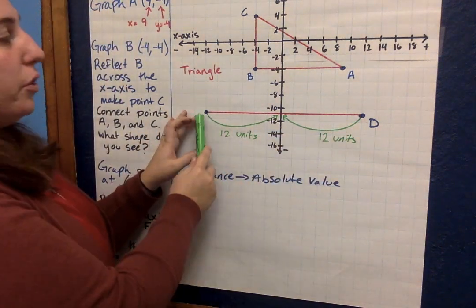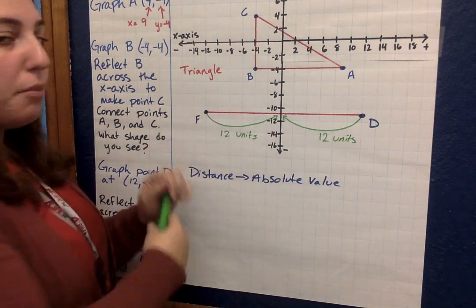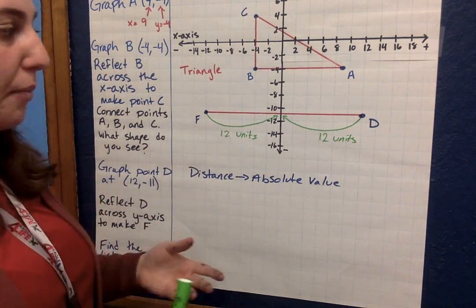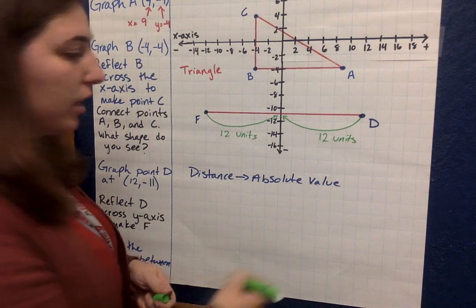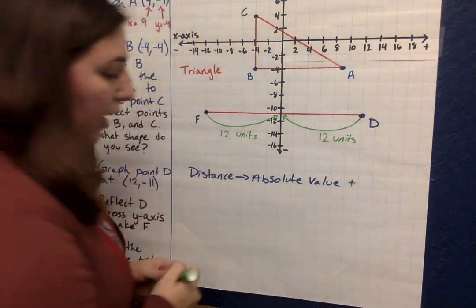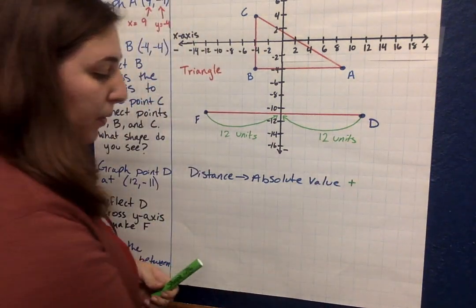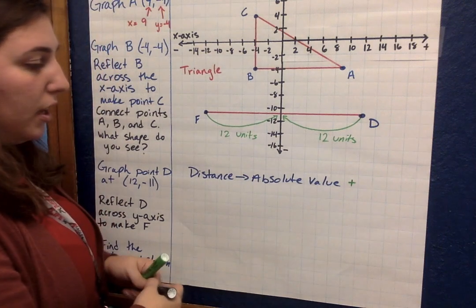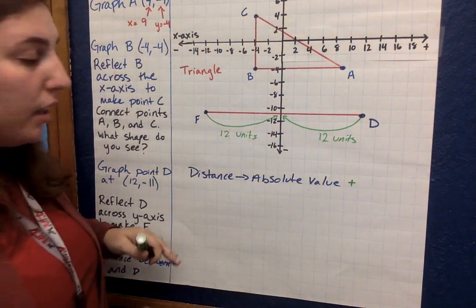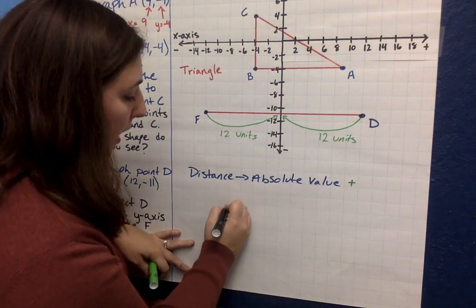Don't get confused because this is on the negative side. Remember, we're just thinking about the absolute value, which is positive. Okay, so I'll put a little positive sign here. So if I were to put this in some form of a problem for you to solve, it would look something like this.